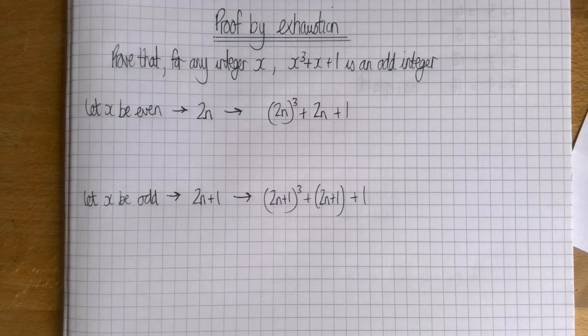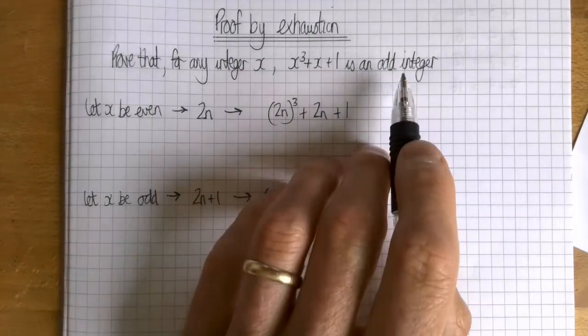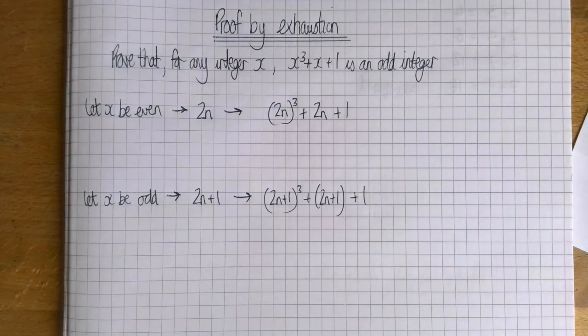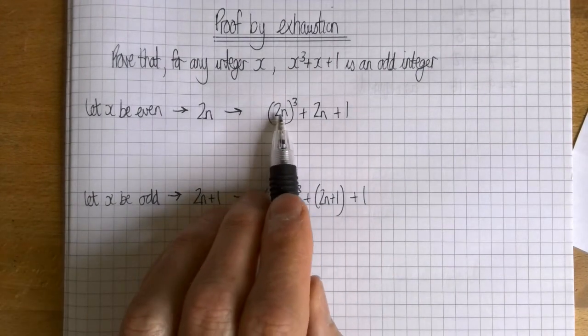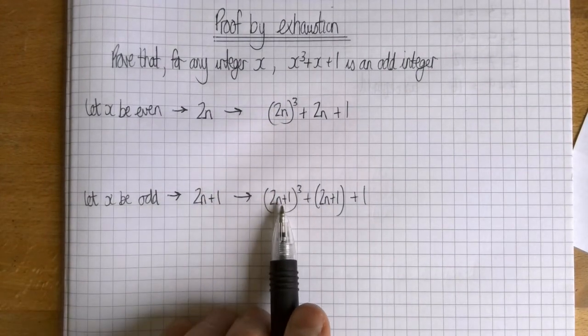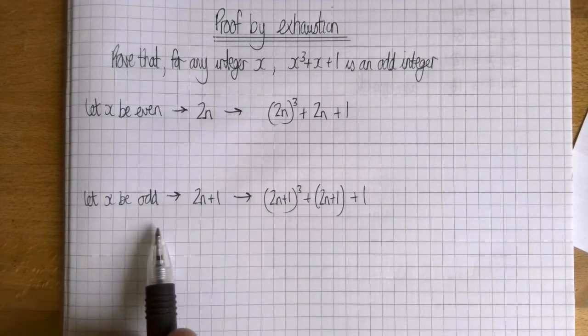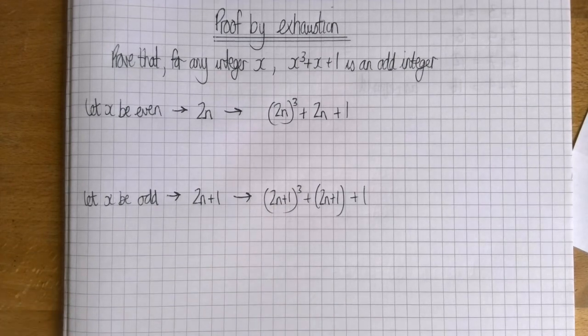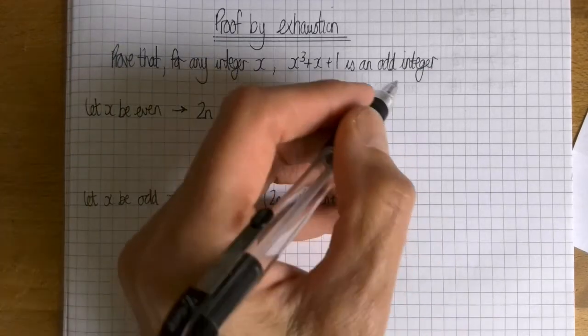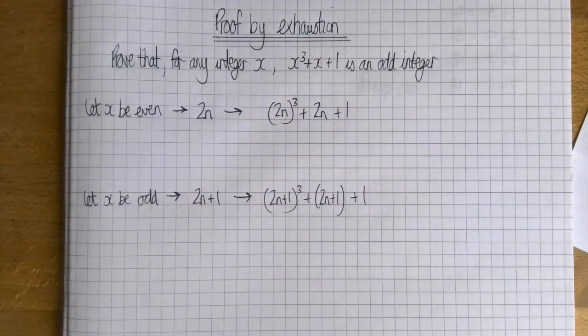And hopefully, in both cases, I'm going to be able to demonstrate that my answer is an odd integer. Have a go. This one's quite straightforward. You've just got to multiply that out. Here you've got to multiply that out, which is a sort of grid it out twice. But hopefully you can then go on to demonstrate why each of them has to be an odd integer.